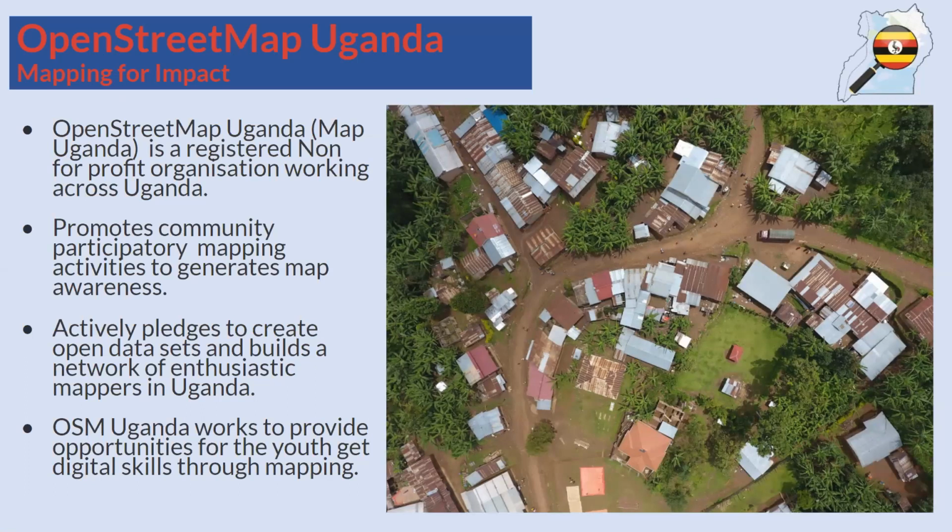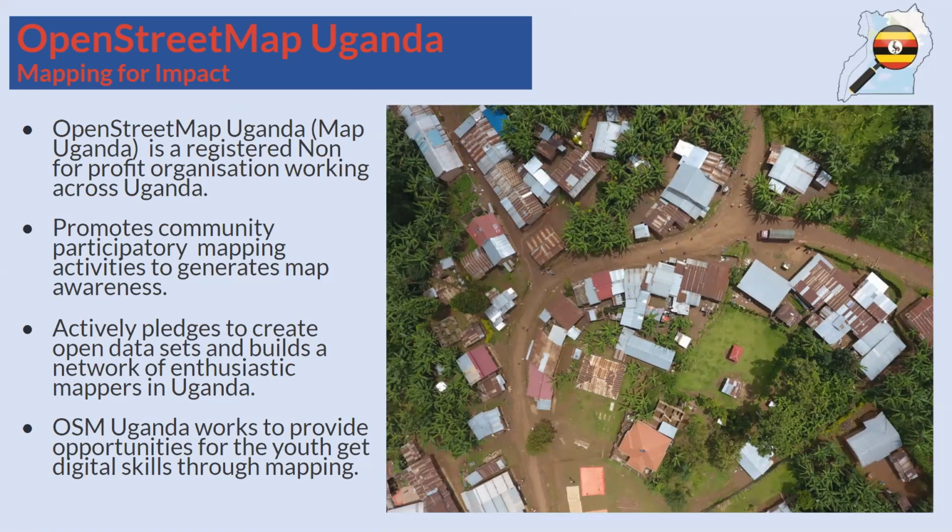A little bit about Map Uganda, or the OpenStreetMap Uganda. This is a registered NGO that is working across Uganda and East Africa and the entire world, that promotes open participatory mapping that generates map awareness. We also pledge to create open data sets and build a network of enthusiastic mappers in Uganda and as well as in the entire world.